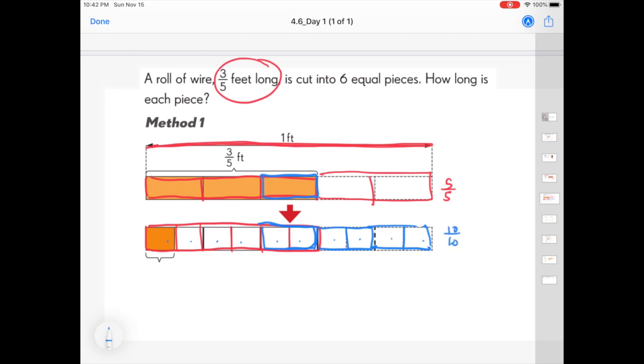So now our whole is 10/10. So when I take 3/5 and divide it into 6 equal pieces, one of those pieces would represent 1/10. So 3/5 divided into 6 equal parts gives us 1/10. Taking a sixth of 3/5 gives me 1/10.